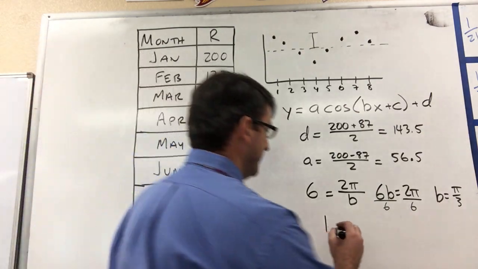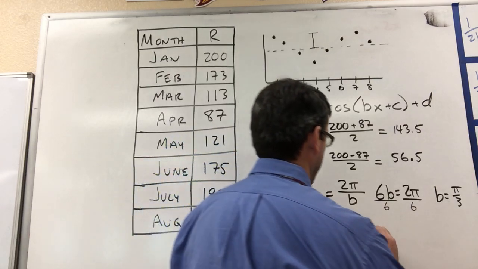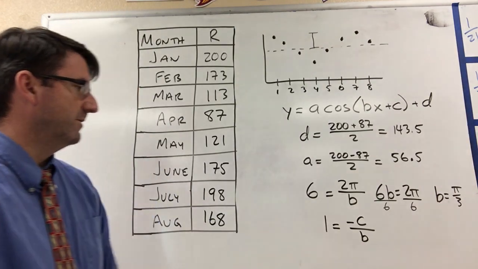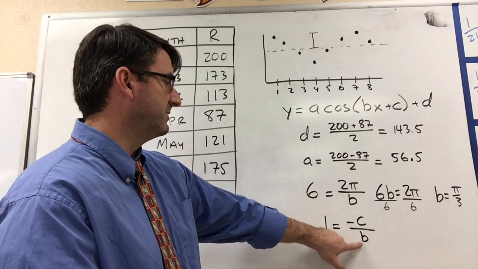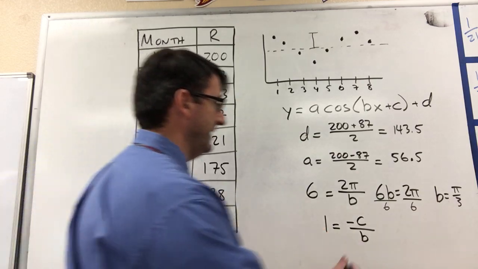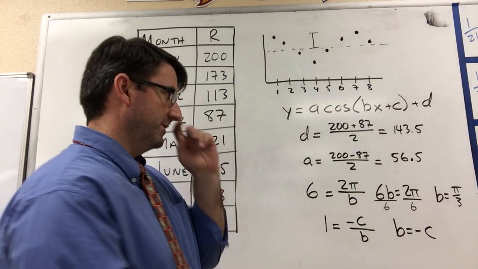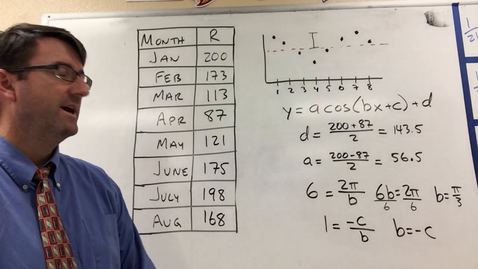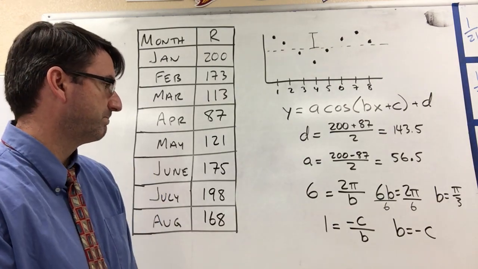Remember, phase shift is equal to negative c divided by b, or the absolute value of b. But we're just going to use b for right now. So let's multiply both sides by b, and we get b is equal to negative c. So since b is pi over 3, c is going to be negative pi over 3.